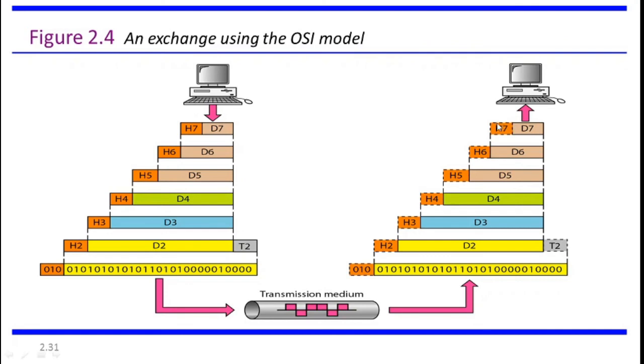D6 is passed to the application layer, where it is split into H7 and D7, where H7 is taken to identify in which application and how D7 has to be opened in the destination computer. So this is how the information exchange happens in the OSI model.